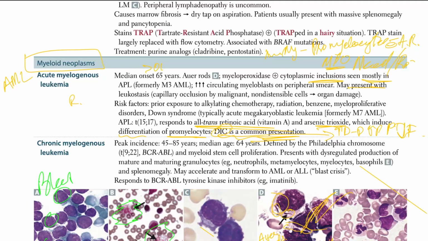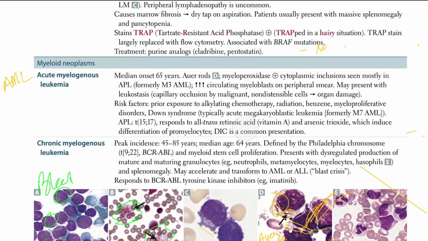For this one, what's important that you have to know is MPO positive, formation of Auer rods, and age, and leukostasis, Down syndrome. I think we skipped that part, or we didn't, I don't know. But Down syndrome is important. It is associated with Down syndrome in children less than 5 years of age. Okay, and then the treatment and the translocation.